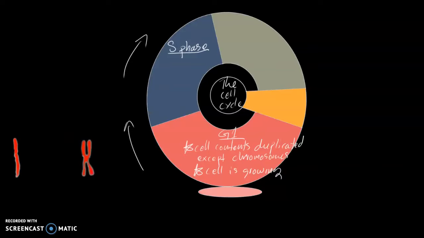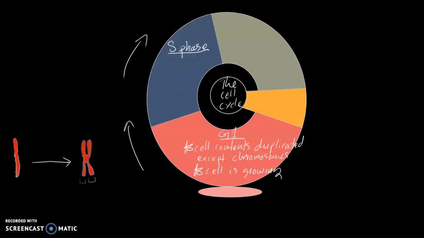So this new structure that we have, this new chromosome that we have, is different, and we can see that it has two chromatids. So one chromatid here and the other chromatid here.